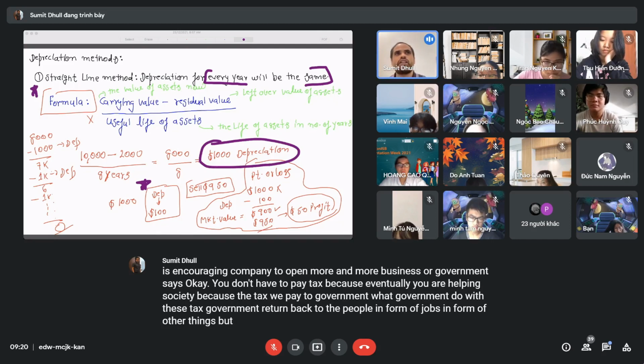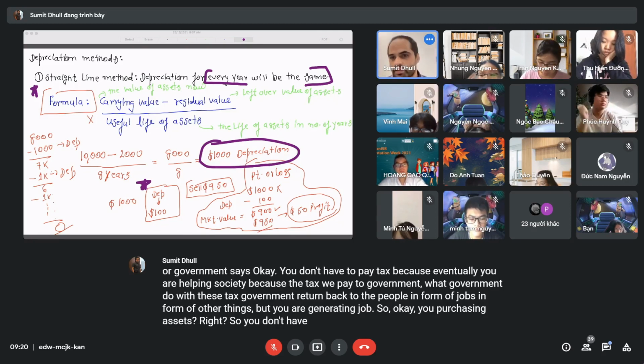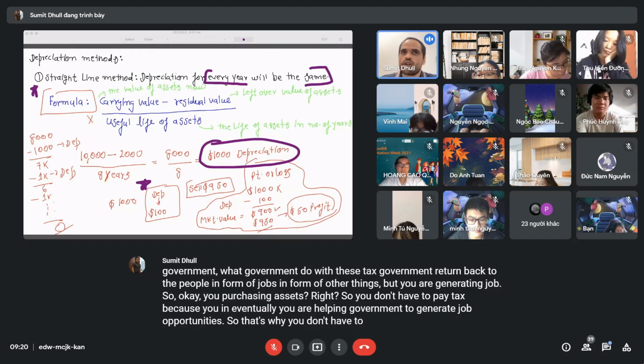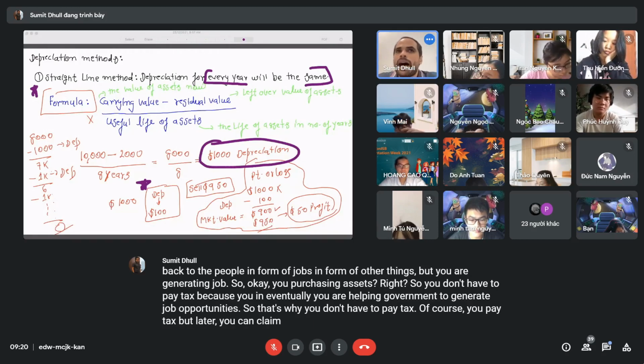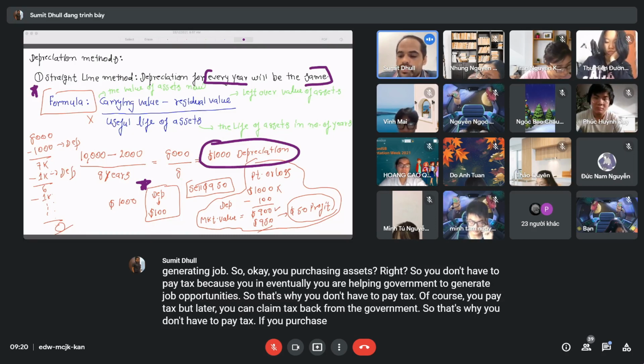But you are generating jobs. So you purchase assets, and eventually you are helping the government generate job opportunities. Of course, you pay tax, but later you can claim the tax back from the government. That's why you don't have to pay tax if you purchase an asset for business purpose.